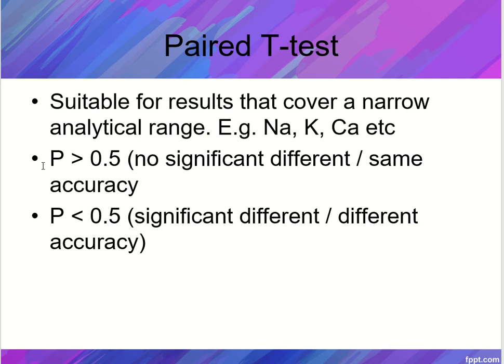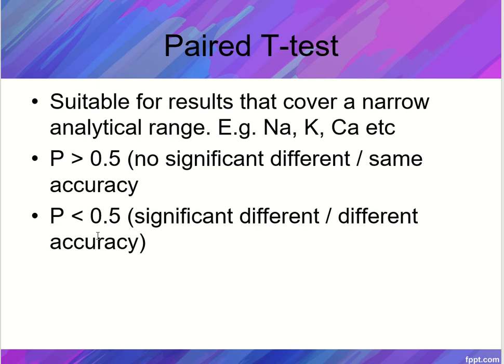If you get a p value more than 0.05, meaning that there is no significant difference, so your testing method has the same accuracy as the available method, and you may use the new method. If the p value is less than 0.05, meaning that there is a significant difference, and the new method has different accuracy compared to the available method or reference method. So meaning that you have to do the troubleshooting.